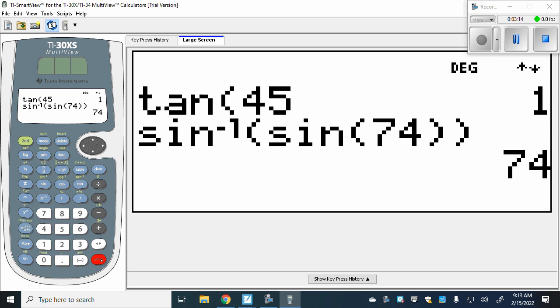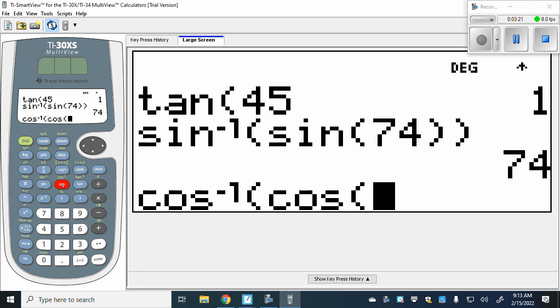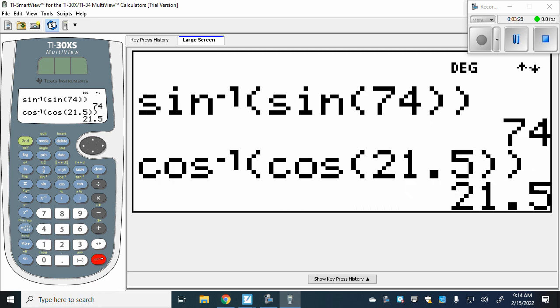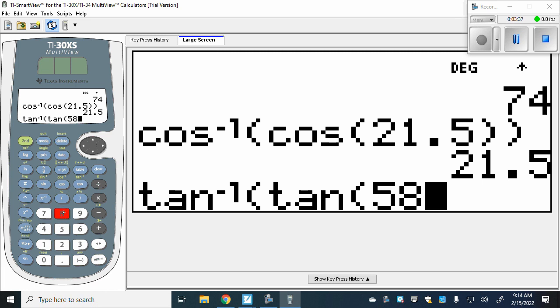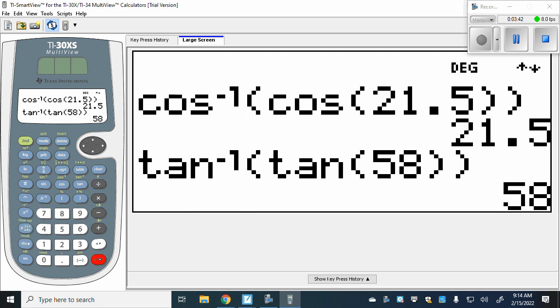Now we can do the same thing for cosine inverse: second cosine, the inverse of cosine of 21.5. And the last one we have is tangent inverse, the tangent inverse of 58.